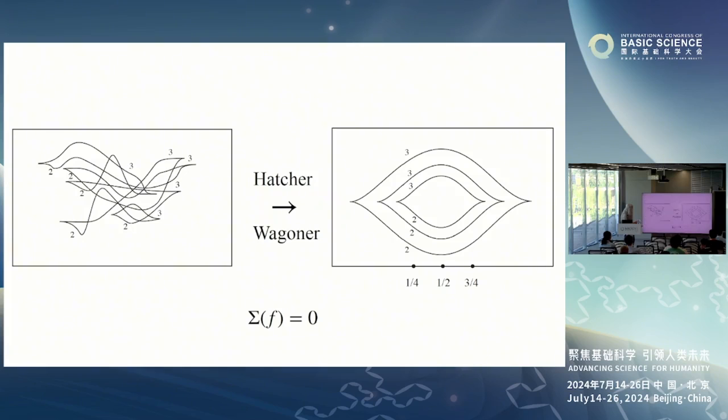So this picture summarizes 214 pages of Hatcher-Wagoner. You just start with this random graphic, but under the assumption that the first obstruction is equal to 0, in fact you get this nested I graph.